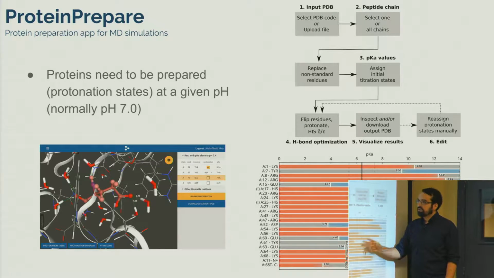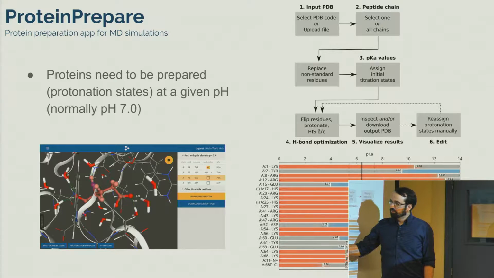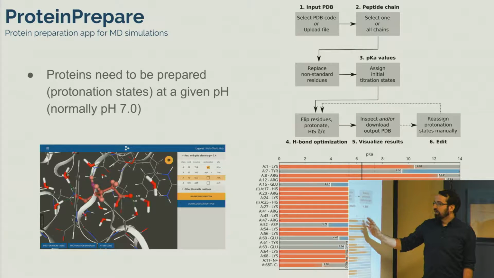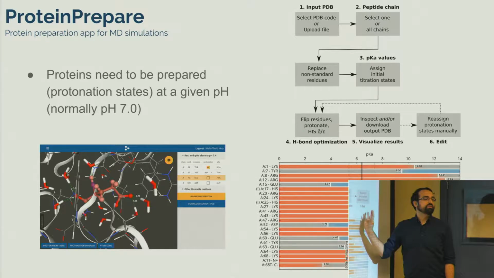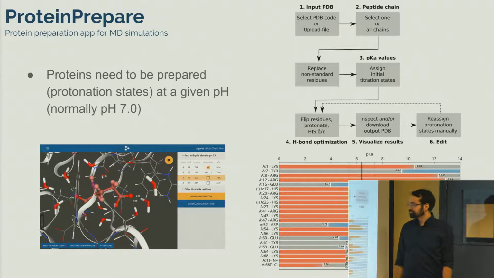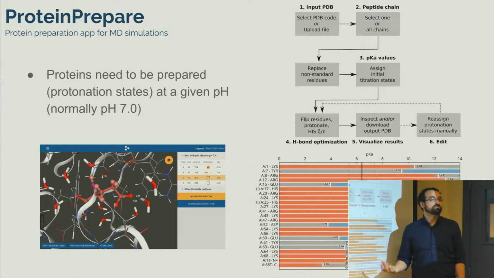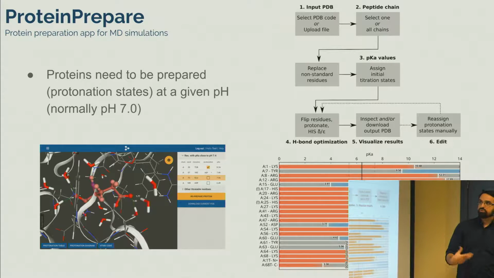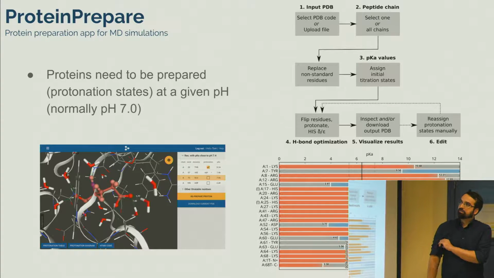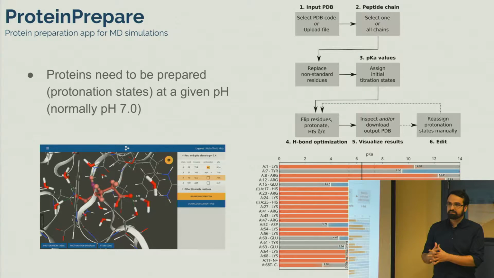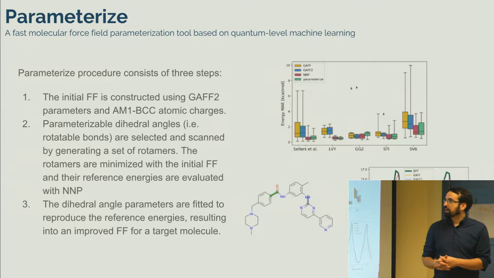You can also see the different titrable residues, the residues that are protonable, and their pKa, so their affinity to protons or not, okay? This allows the medicinal chemist to make decisions and to choose the system better for carrying on the rest of the pipeline.